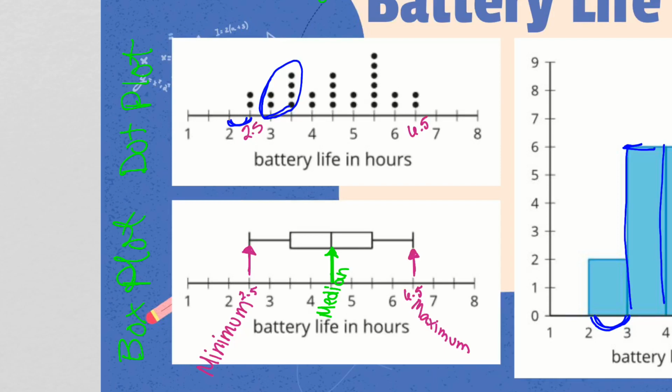And how do you find your median? Well, the median is the middle number. So what I like to do is go through and cross things out. I'll go through like this. It's a little bit easier on the dots than it is when we have numbers, but we're going to do this when we have numbers later too.